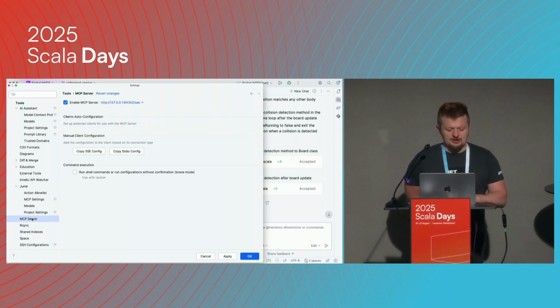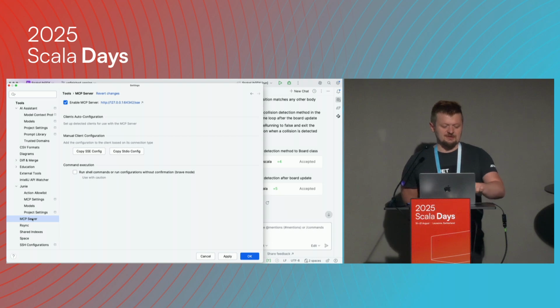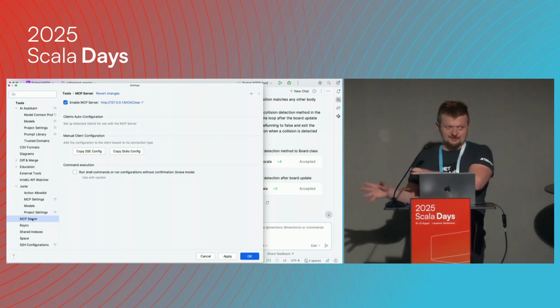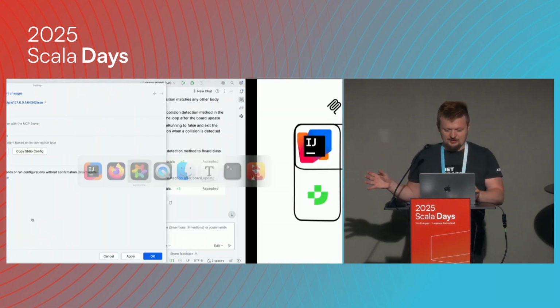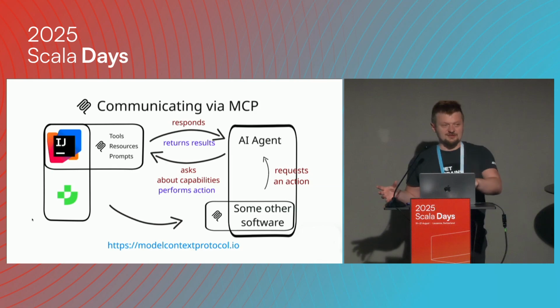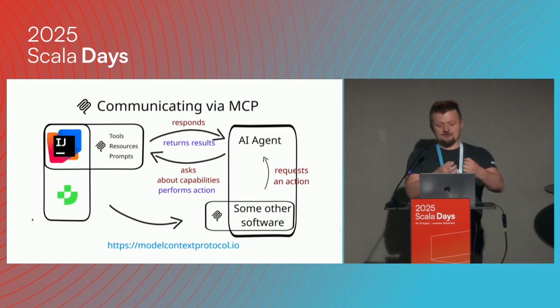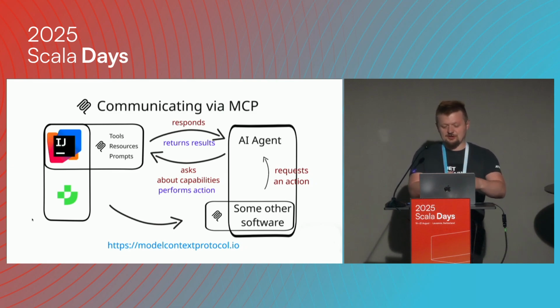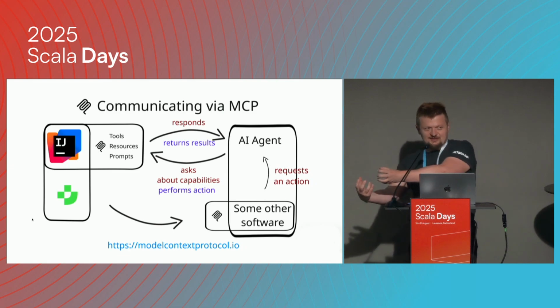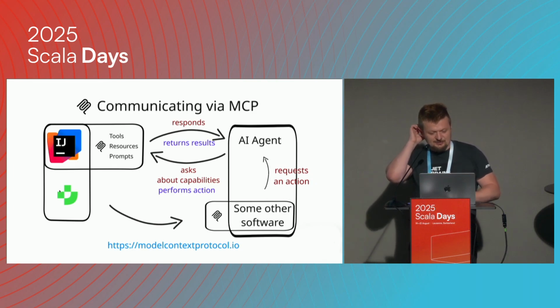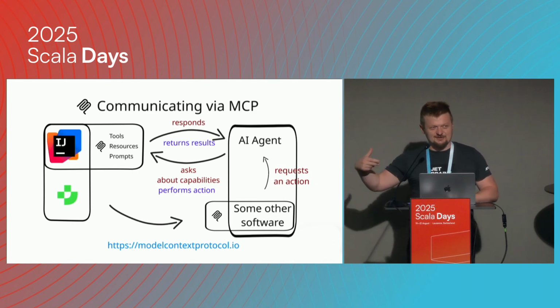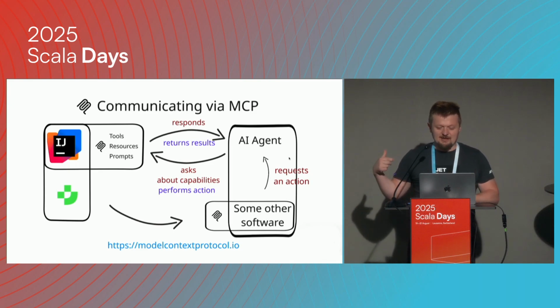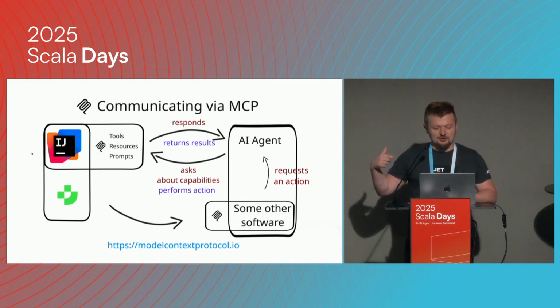You don't have to have Junie to have this MCP server enabled. Then some other software can use IntelliJ. But if you want to have Junie with IntelliJ use some other software, then yes, you need Junie. This is where Junie uses something else exposing the MCP protocol. But you don't need Junie if you want your other LLM to use IntelliJ.